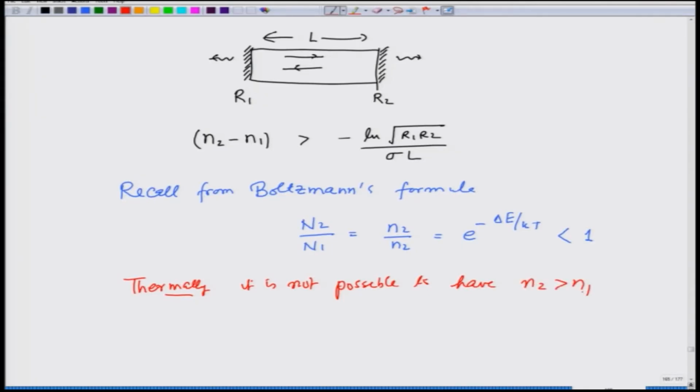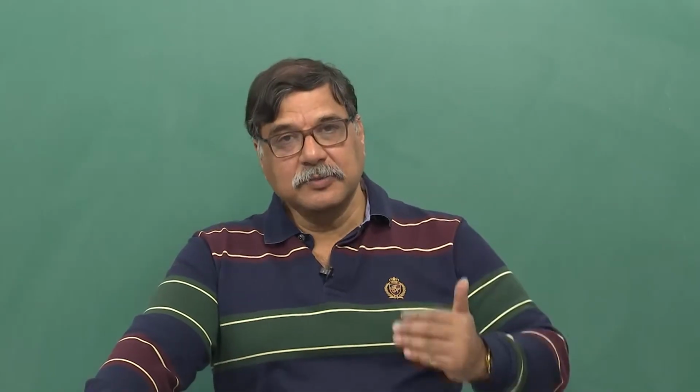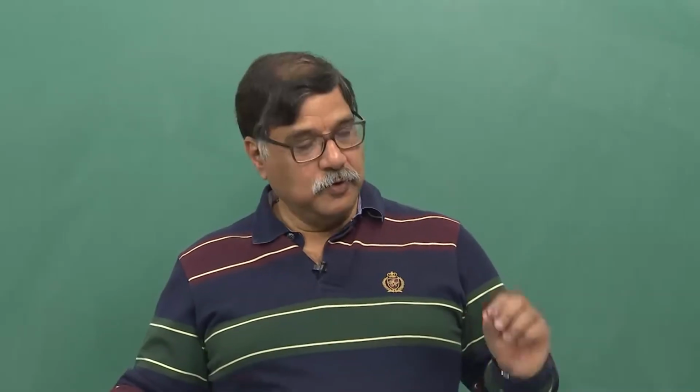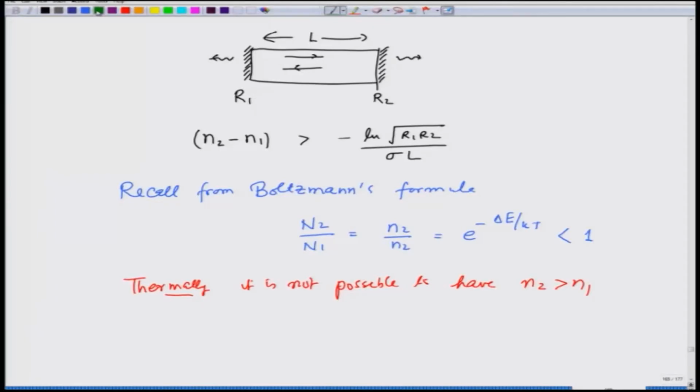So, something else has to be done, and that is what is done in a laser. The light which comes out through stimulated emission has exactly the same properties as the photon that is coming in and makes it come out, and therefore, this light has a special property which I will discuss at the end of this lecture.